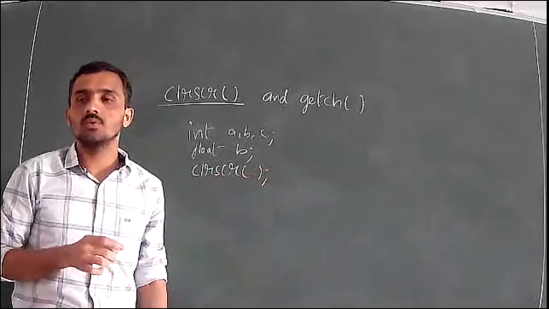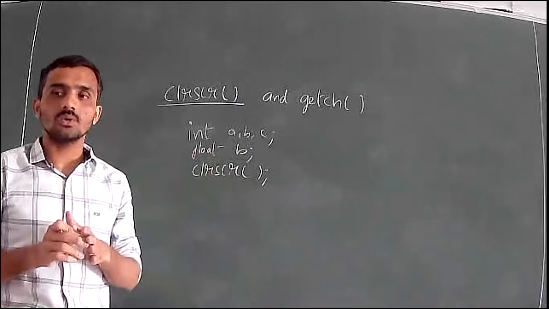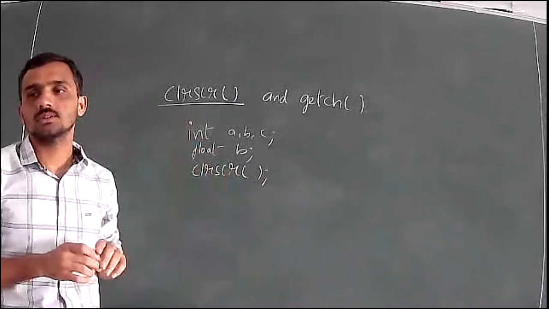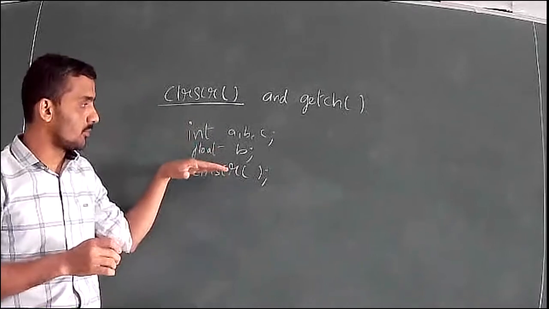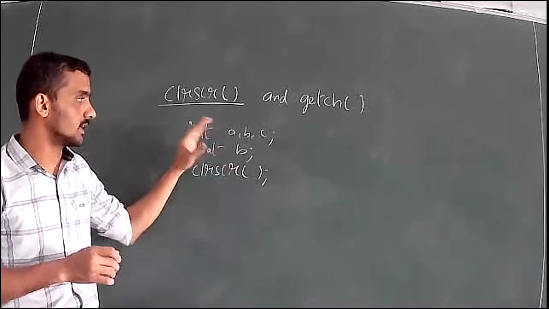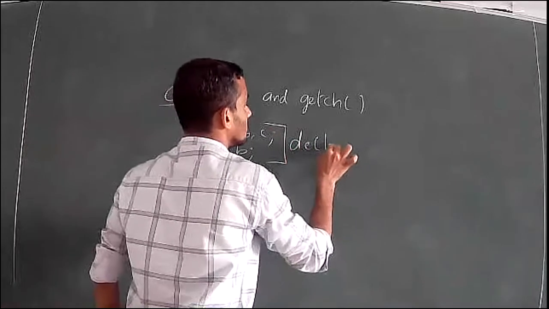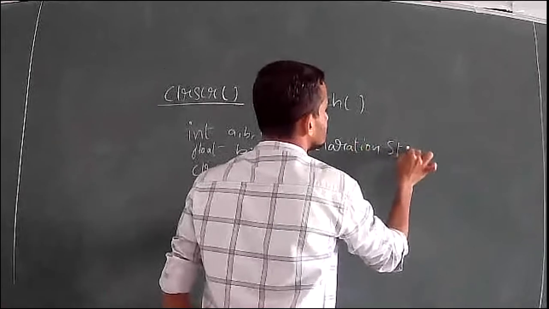But it is not a rule that you have to write the clear screen statement only after this. It is not a rule that it should come at the third line or fourth line, or after the three floats. These two statements are called declaration statements.